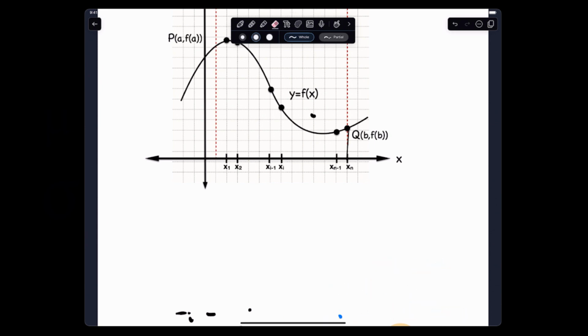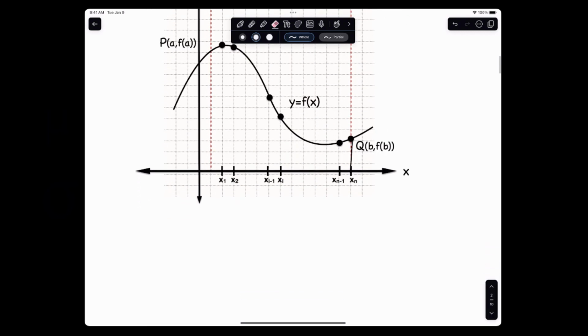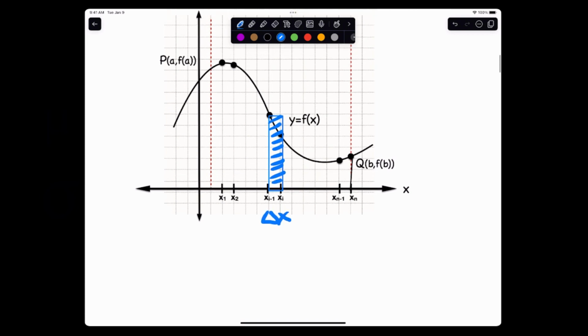We approximated area under a curve. And this is all based on, if you recall, using rectangles. Okay, this is delta x.